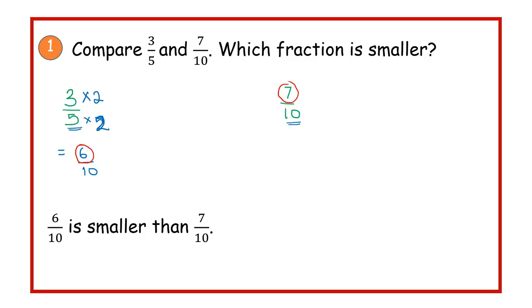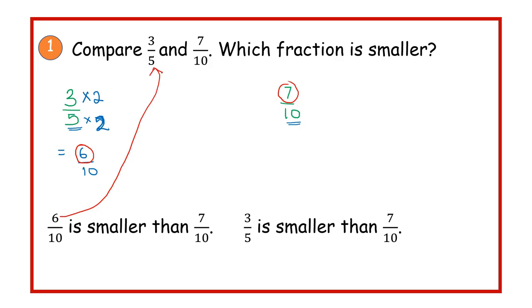Remember, 6 out of 10 is equal to 3 out of 5. So we say that 3 out of 5 is smaller than 7 out of 10. We can also write it in this format where we use the symbol of smaller than. You can call it smaller than, you can call it less than.